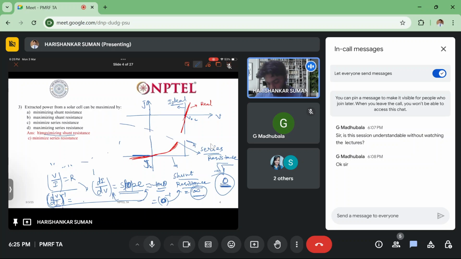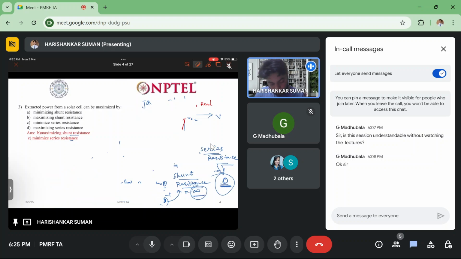So maximum shunt resistance and minimum series resistance. Maximum how much? Should be infinite. Minimum should tend to 0. Then you can get maximum power.